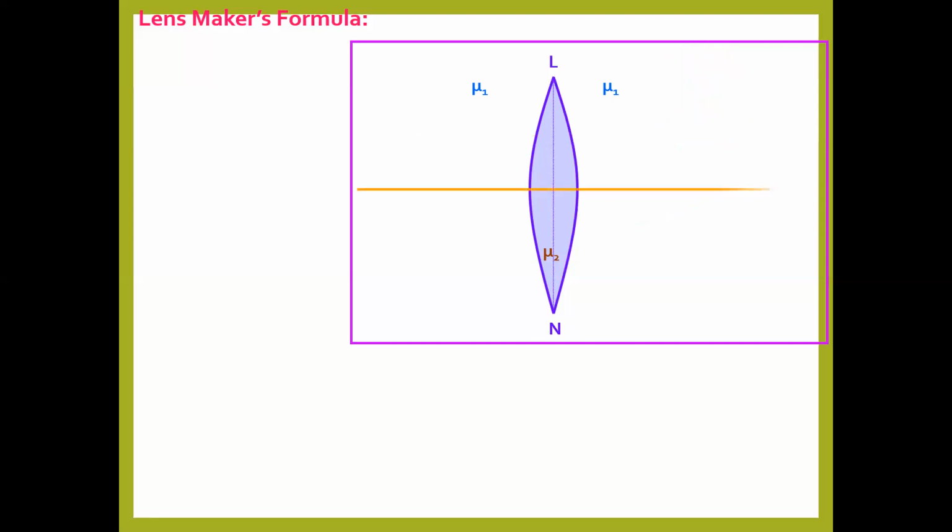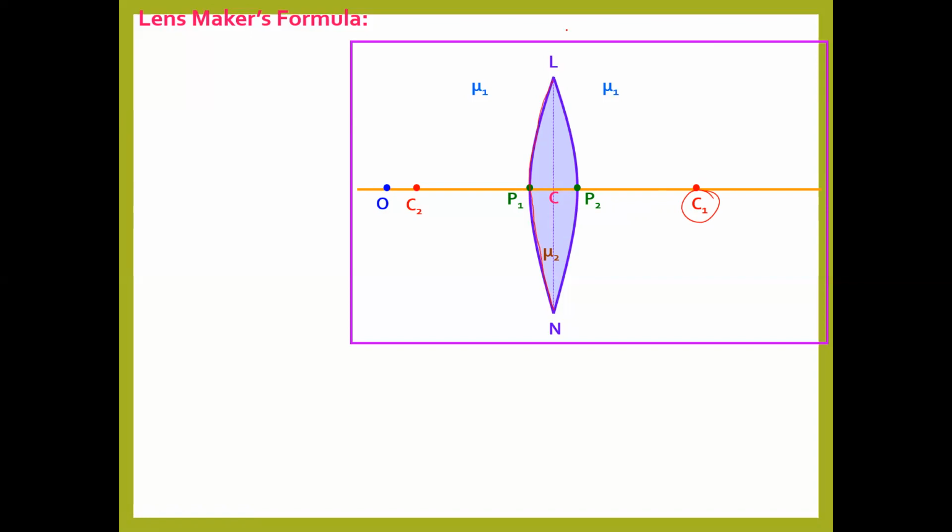So this is the axis drawn here. The axis is a straight line that goes through the center of the lens. P1 and P2 are the poles of the two surfaces of the lens. C is the center of the lens, but C1 is the center of curvature of the first surface. This is the first surface, P1 is the pole of that surface, and C1 is the center of curvature of it.